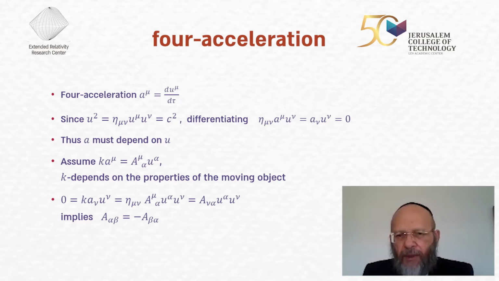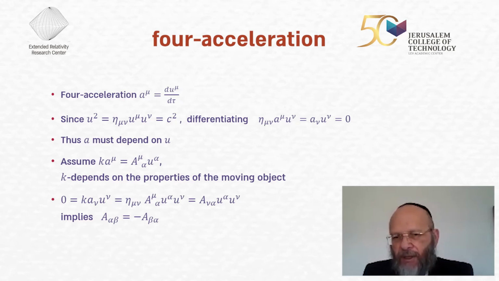Now, pick up any pair alpha and nu, then you get one term, a with nu alpha, u alpha u nu, and the same term you get with the reverse order, alpha nu.